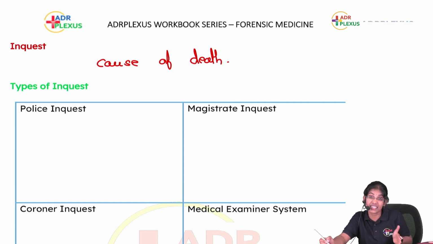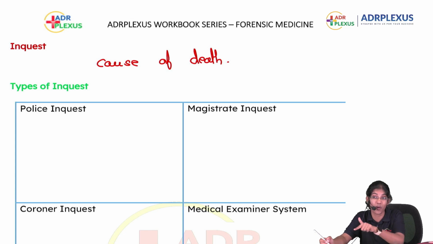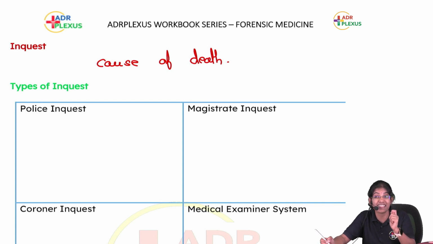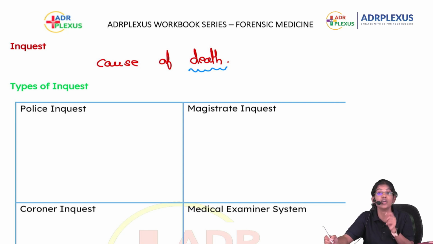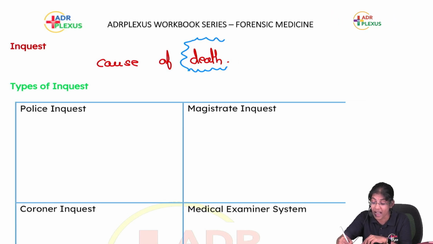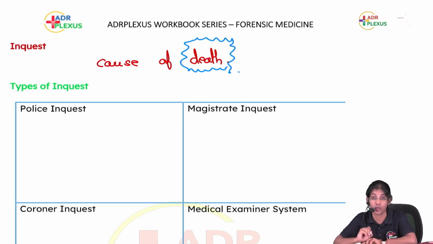If they say death as a result of gang rape, again, a magistrate need not be involved in all gang rape cases. Okay. So when we say inquest, remember that death has happened. This is very important. Inquest is inquiry into the cause of death. Death has to happen for us to conduct an inquest properly.